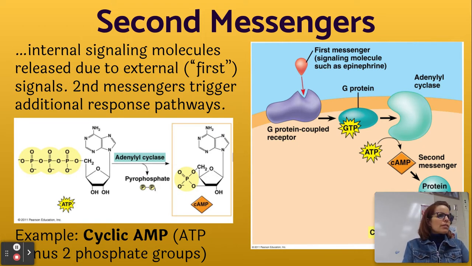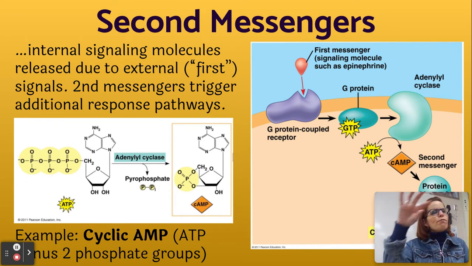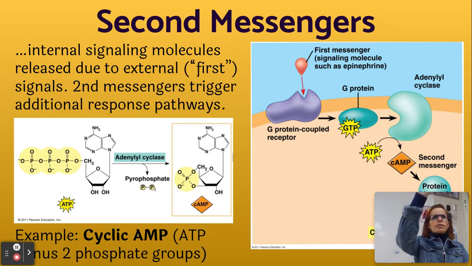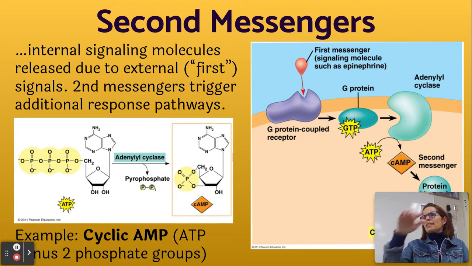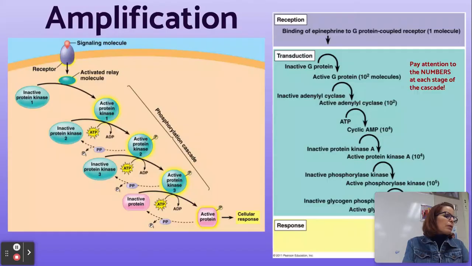What do you need to know about cyclic AMP? Pretty much nothing. Just don't let it freak you out when you see it. So cyclic AMP is just continuing transduction. We're moving the message in the cell. We started it outside the cell. Now transduction means to move the message, and we're going to get to the response in just a second. This is kind of one step in transduction.